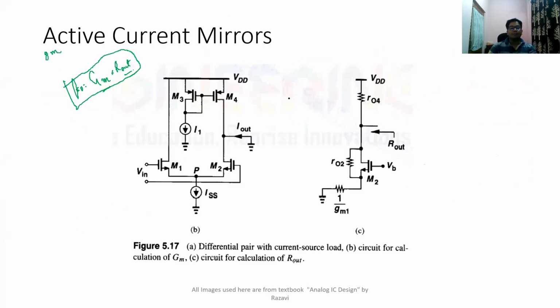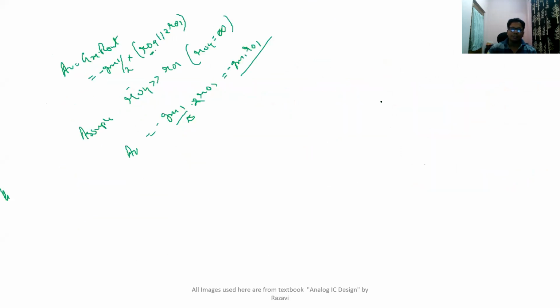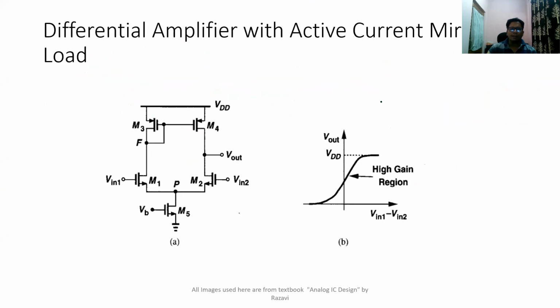So in this way, active current mirrors can help you amplify the signal by providing high output impedance. M4 was providing a very high output impedance, and with the help of that, we get a good gain. These active current mirrors are usually used in differential amplifiers.